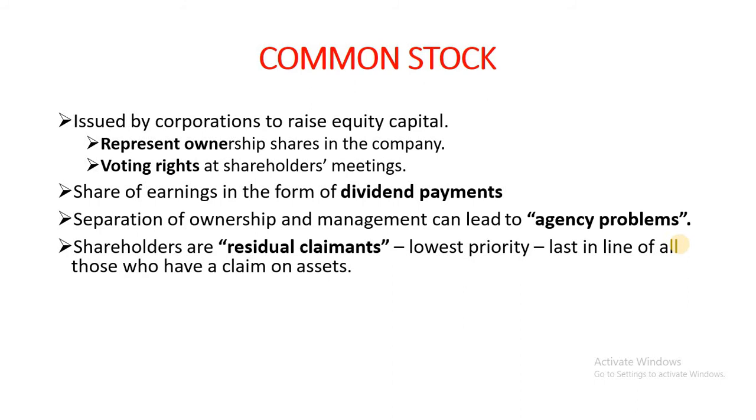Common stockholders are known as the residual claimants of the business. It means common stockholders have the lowest priority in case of earnings distribution of the business, or in case of liquidation as well. Common stockholders have the lowest priority when assets are distributed to the investors.